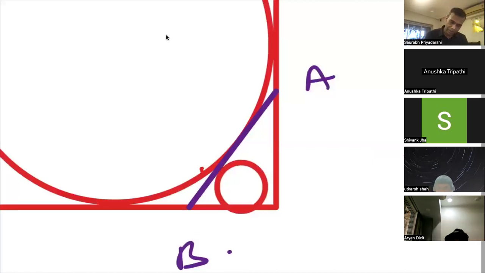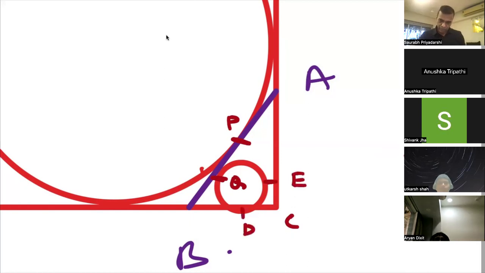This is point P, let this be point Q. Is this okay? And this is touching in this, something like this. Diagram is okay? Yes sir.